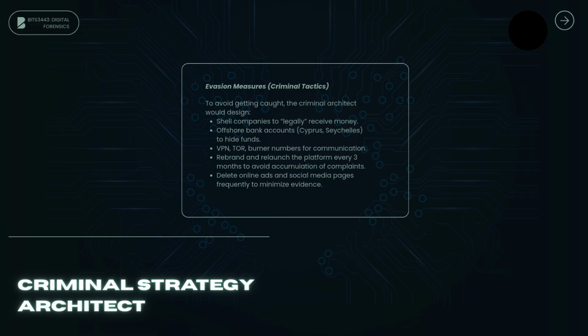Organizations should also implement strict know-your-customer verification, use digital forensic tools to trace suspicious online behavior, and stay updated with threat intelligence reports. By combining awareness, monitoring, and strong verification practices, companies can significantly reduce the risk of falling for or being used by this kind of scam.